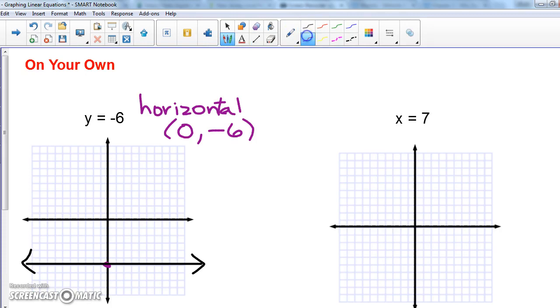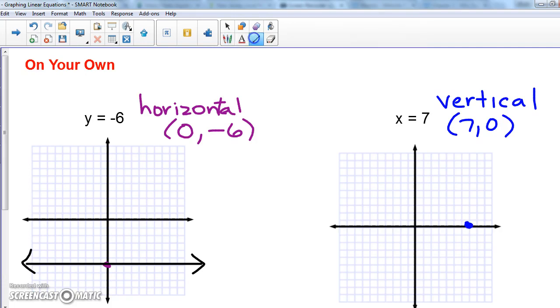Alright, and if I look over here at x equals 7, x equals 7 is going to be a vertical line. It's going to go through (7, 0). So (7, 0) is 1, 2, 3, 4, 5, 6, 7, right here-ish. And then the line is vertical, so it goes down like that. It's not my best line, but you get the idea.